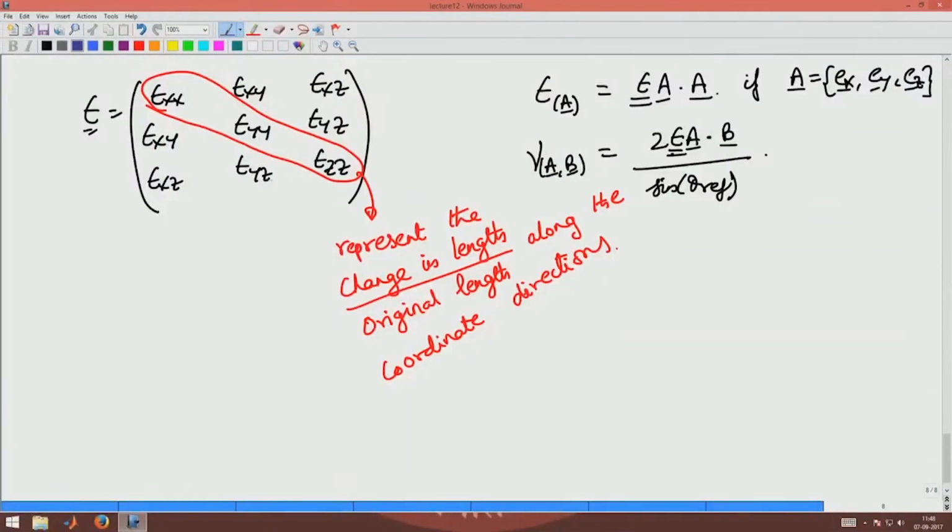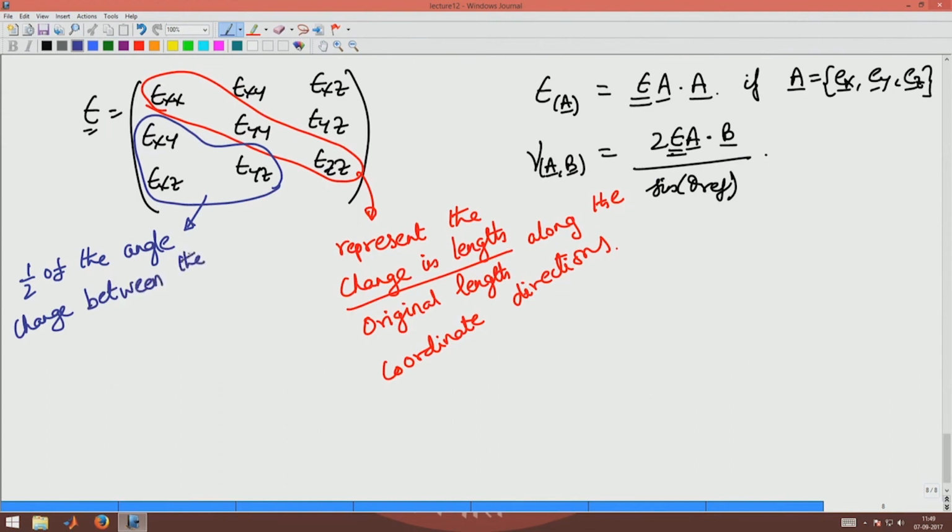Now, what do these off diagonal terms tell you? These off diagonal terms tell us that it will be 1/2 of the angle change between the coordinate directions.